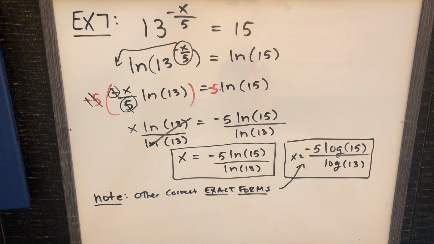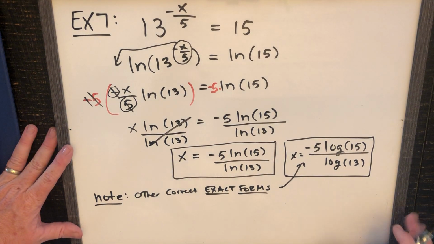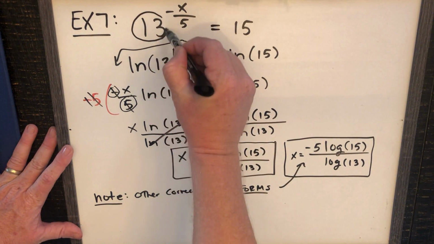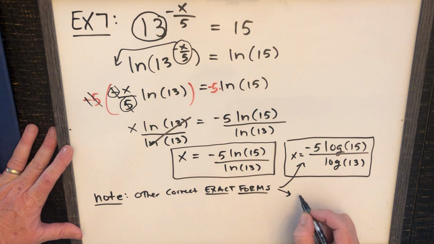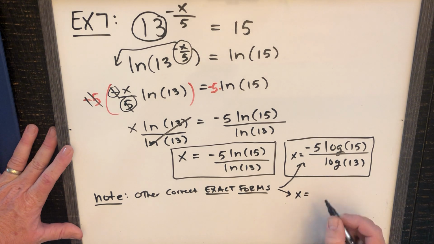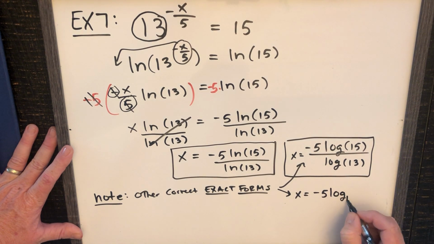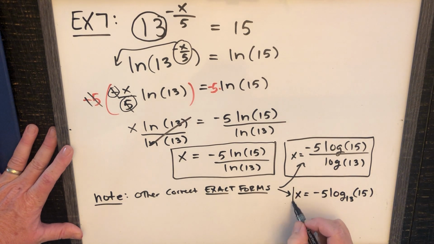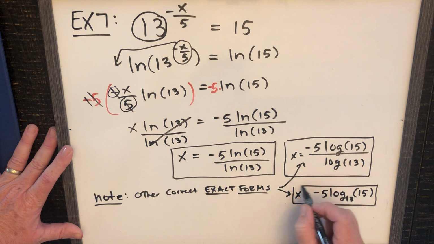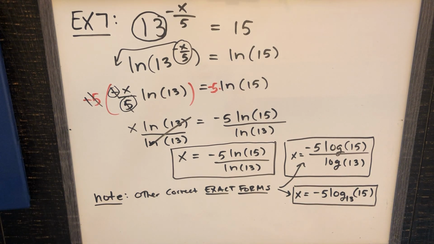I'm saving this space up here. Or at the very beginning, if you would have just used the base that you were given, base 13, it would look a little neater. It's a little bit cleaner to write. So some people prefer this because it's just one line, doesn't require a denominator.